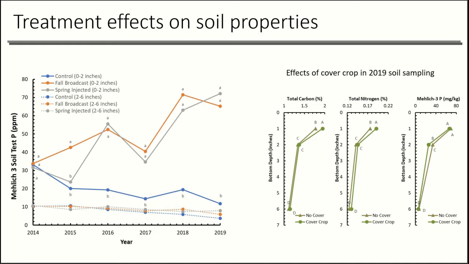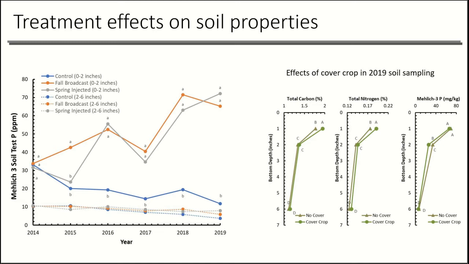Notice that there was quite a bit of stratification by the end of the study in 2019, right, where the soil test phosphorus at the 0 to 2 inch depth was about 70 parts per million, where at 2 to 6 inches we're below 10 parts per million. What this results in is about a 25 to 30 parts per million soil test P for a 0 to 6 inch sample. Okay.